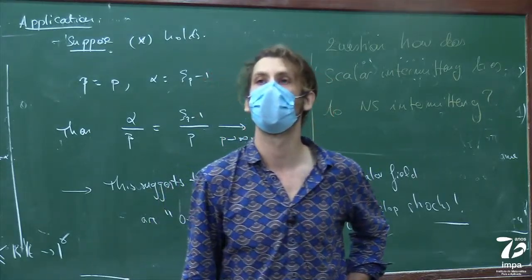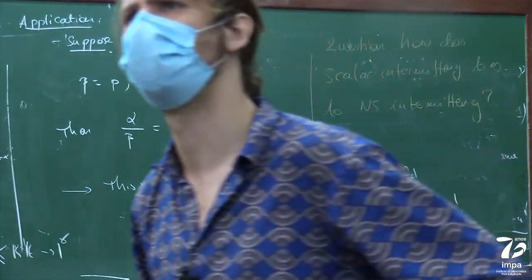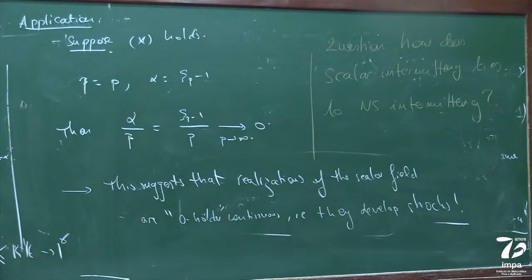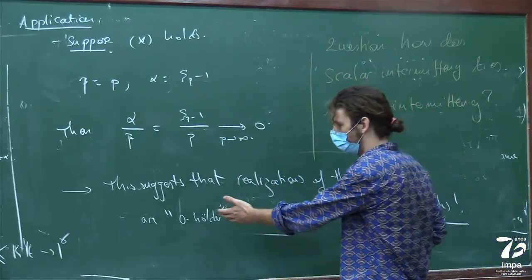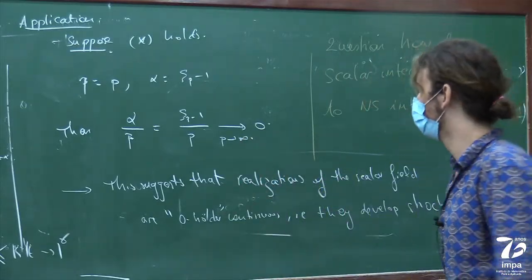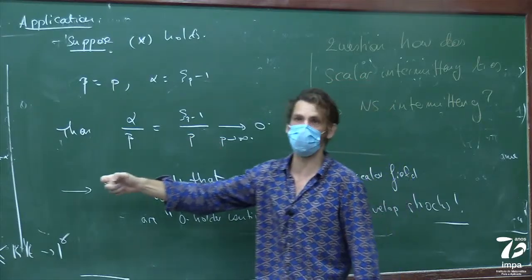Sorry? That if zeta_p goes to a constant, then there are shocks? Yes, in the sense that it has zero order continuity, if this is your definition. If you apply this theorem, you get the same conclusion.